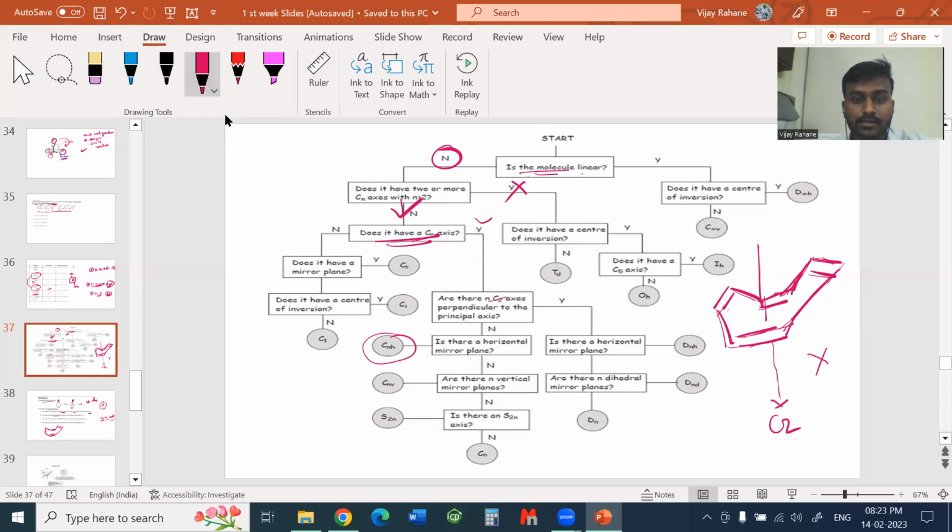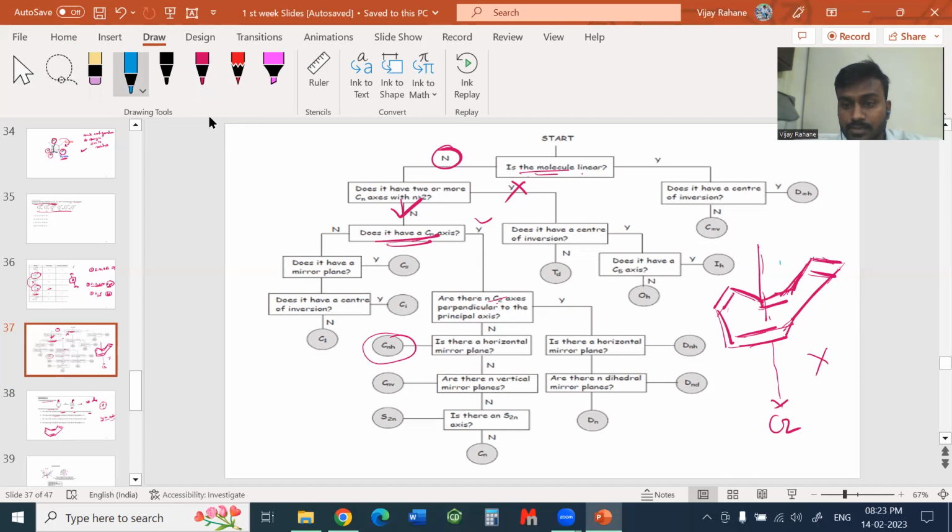What have they written? Are there any n C2 axes perpendicular to the principal axis? This one is the C2 axis, and we need to understand the C2s which are perpendicular to it. Here in this direction, there is another C2 present, right?